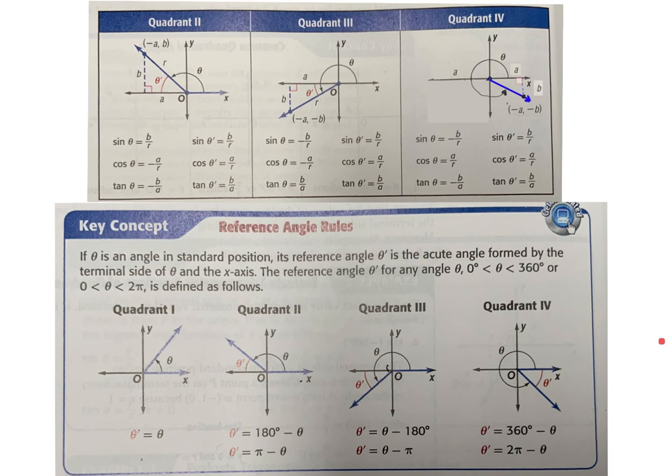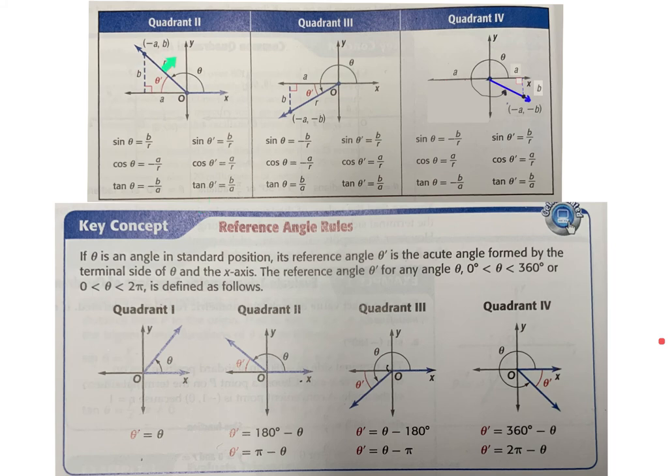When you start moving to other quadrants, you have to start thinking about what's happening. And so you'll start seeing a pattern with your sine, your cosine, and your tangent as you flip quadrants. In first quadrant, everything's positive. When you move to second quadrant, then you'll notice that your x value is going to be negative, which is going to affect your cosine. It's also going to affect your secant, right? But it will also affect your tangent and cotangent.